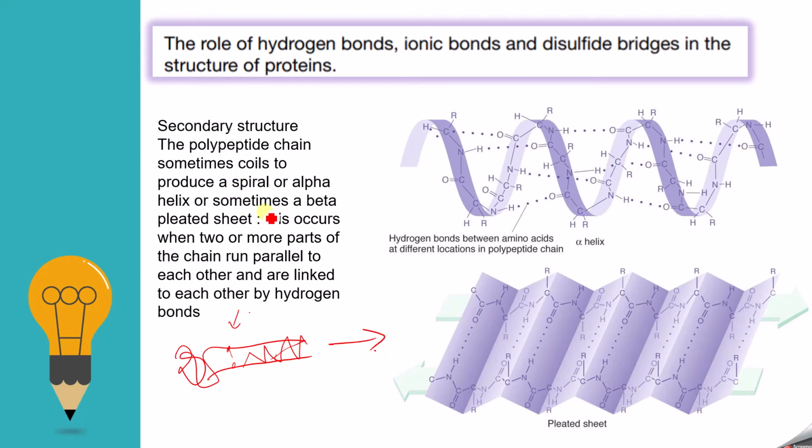And an alpha helix just happens because of the formation of these hydrogen bonds. Basically, when you squish all these amino acids together, which are in a chain, they can either form a beta pleated sheet or an alpha helix, depending on their position, etc.